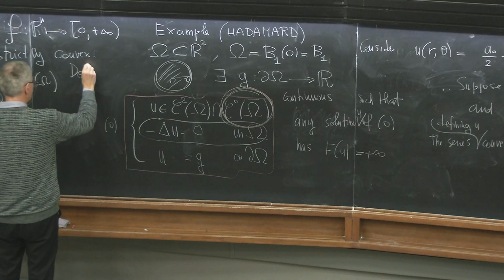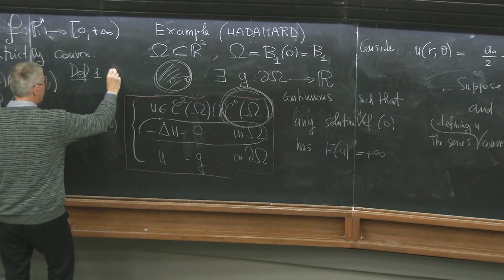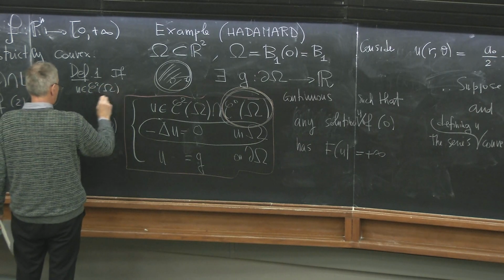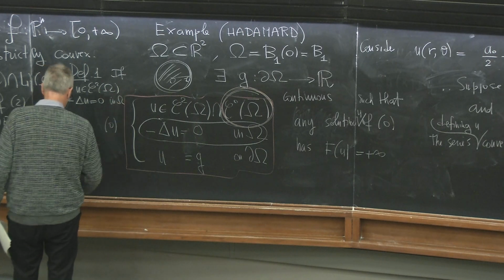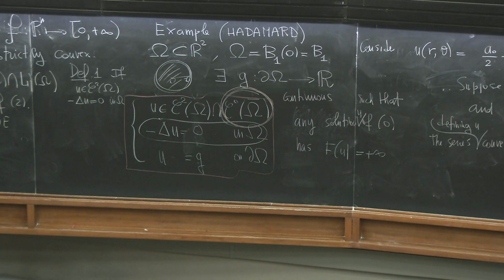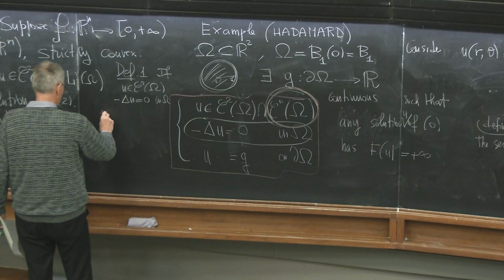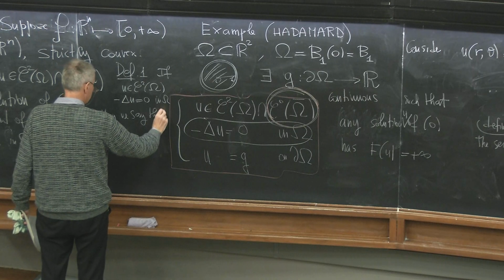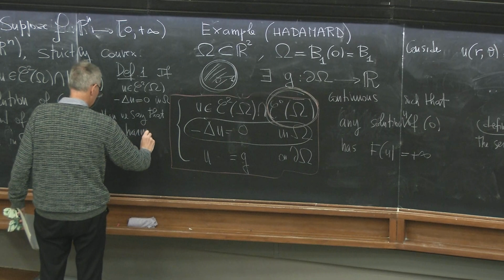Definition 1: if u is C2 in omega and minus Laplace of u is equal to 0 at each point of omega, then we say that u is harmonic in omega.